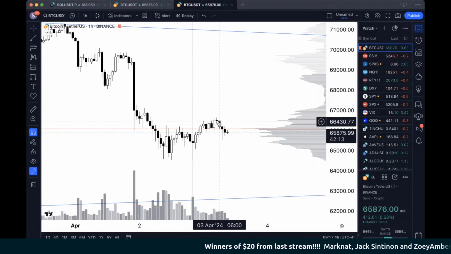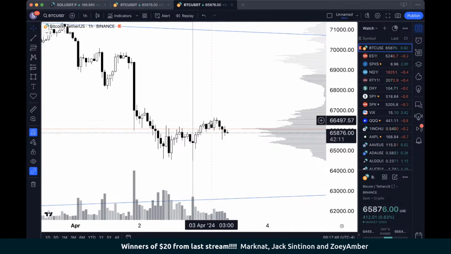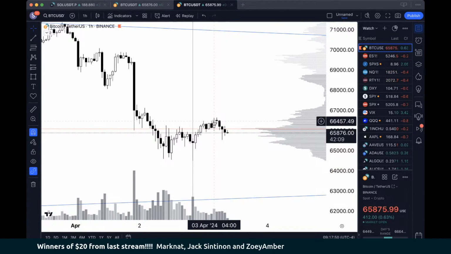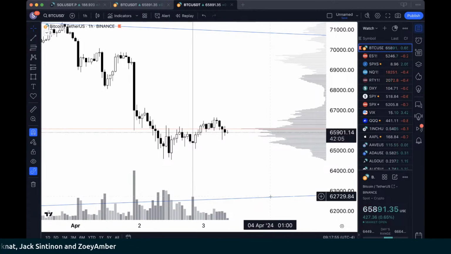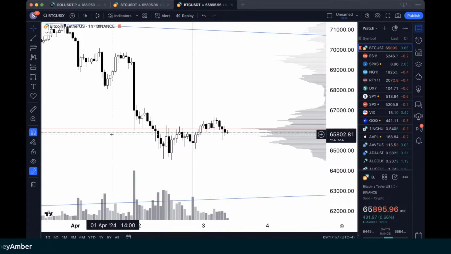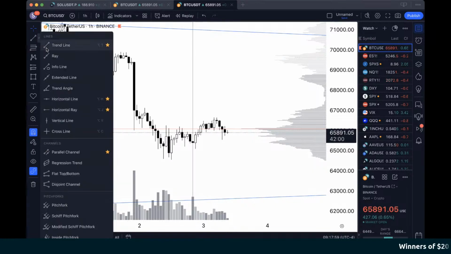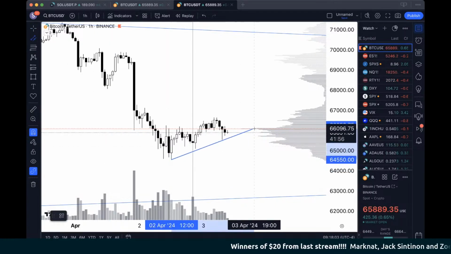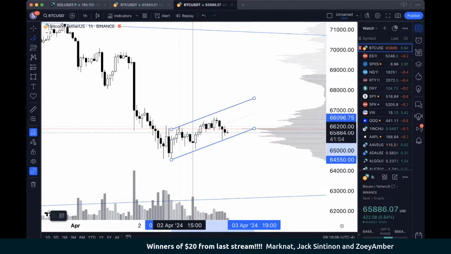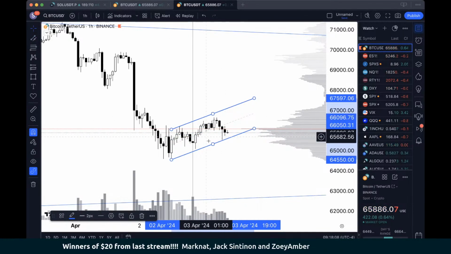Going up above it and not accepting just means that we're still at risk of making that move lower. You can see on the low time frame there's a kind of channel building, right?